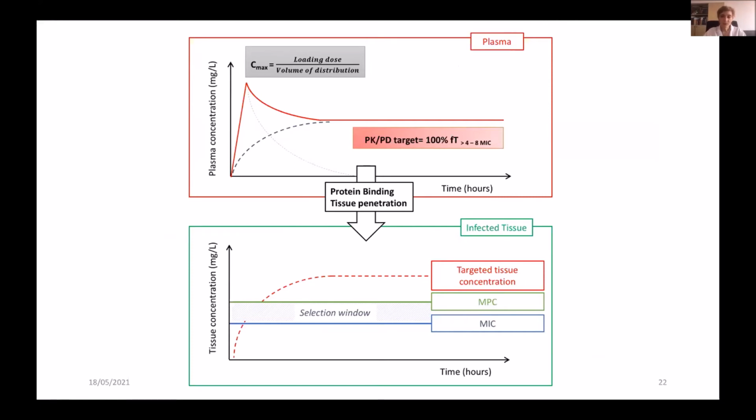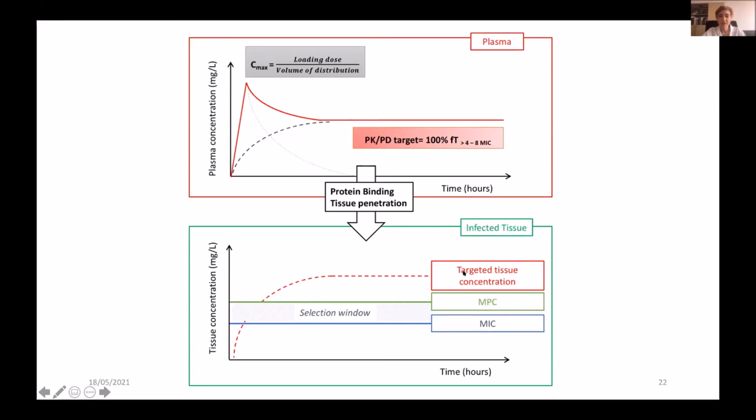So of course, we want to achieve this target in plasma, the target of 100% of the time above the MIC for the sicker patients. But what we really want is to achieve therapeutic concentrations in the infected tissue.